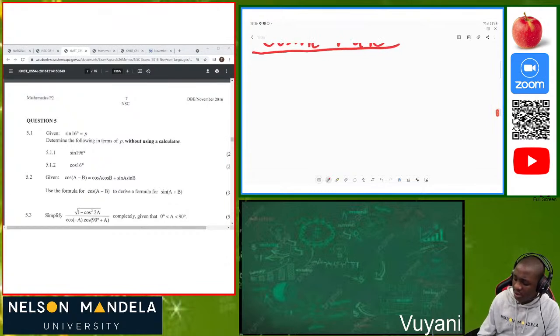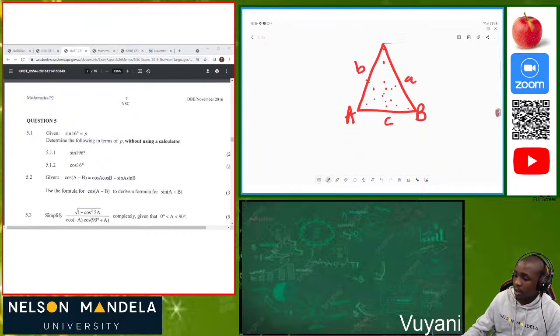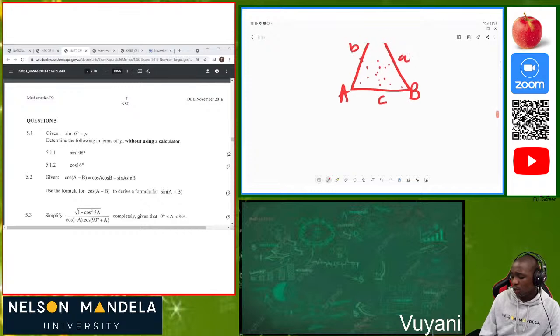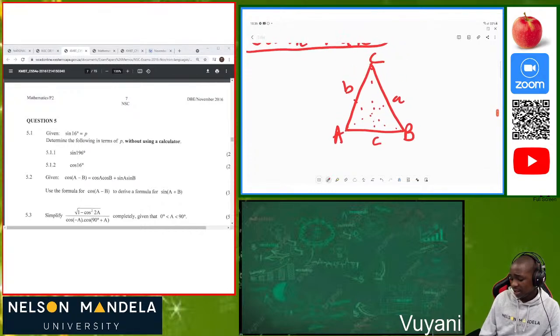So on our cosine rule, we still have our triangle ABC. The opposite of A is small letter a, the opposite of C is small letter c, and the opposite of B is small letter b. Now, moving forward, if we want to calculate this side, this is the angle we will be dealing with.